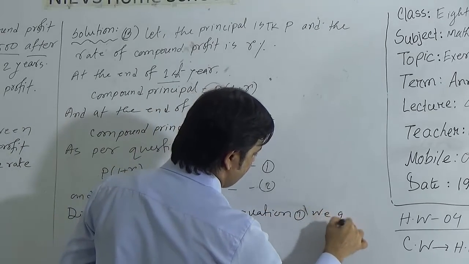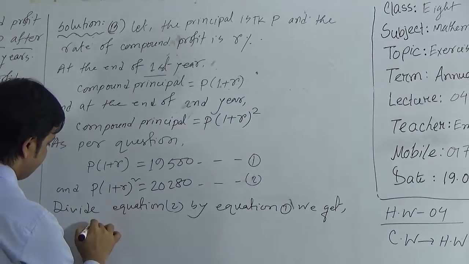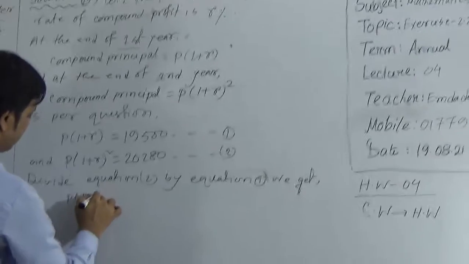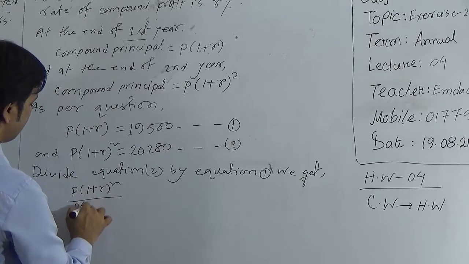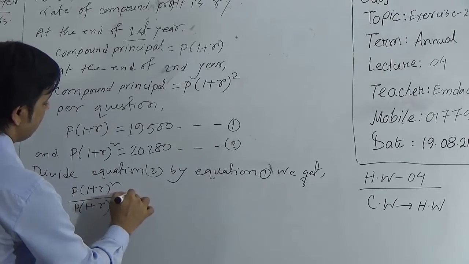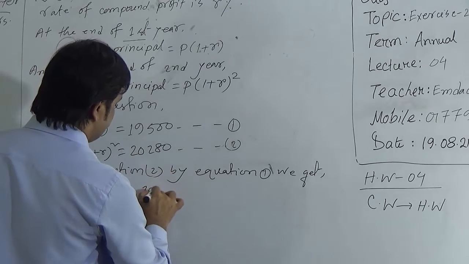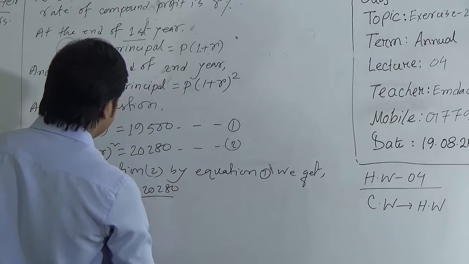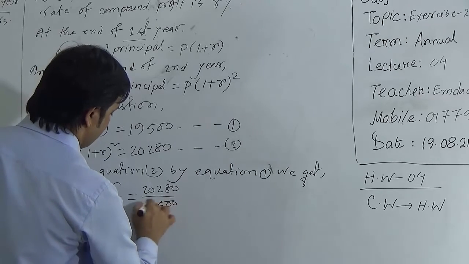We get, left side of 2 is P into 1 plus R whole square, and left side of equation 1 is P into 1 plus R, equal to, right side of 2 is 20,280 and here is 19,500.